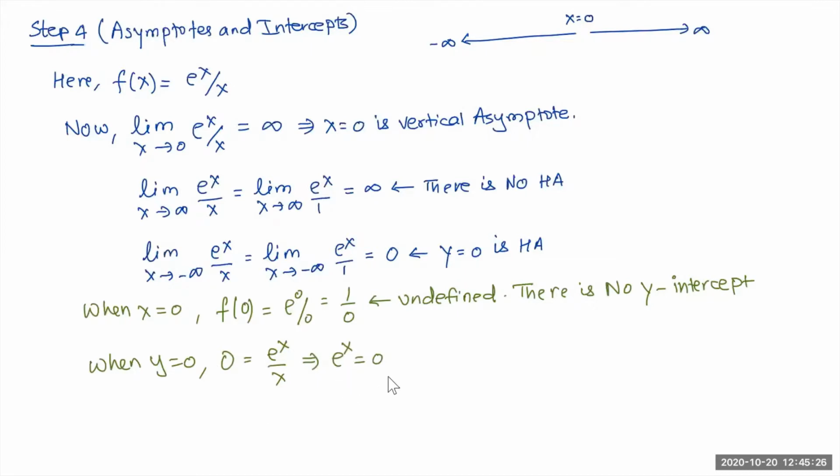It is impossible. E to the x is never 0. So when y equal to 0, I'm not getting any x value. That means there is no x-intercept. So the x-intercept is not there, and the y-intercept is not there.